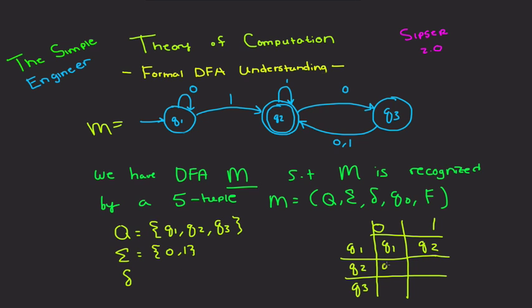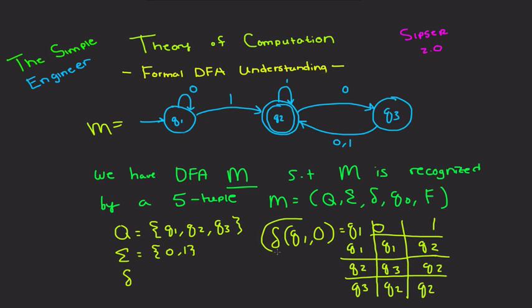Then you follow this pattern where you look at the DFA, you see where a transition goes from one state to the next, and you have this grid. This is what the transition table would look like, and this is how you can describe delta. If you were required to describe it mathematically, you would say, okay, delta, for Q1 on 0: if I'm in Q1 and I put in a 0, I'm going to still be in Q1.